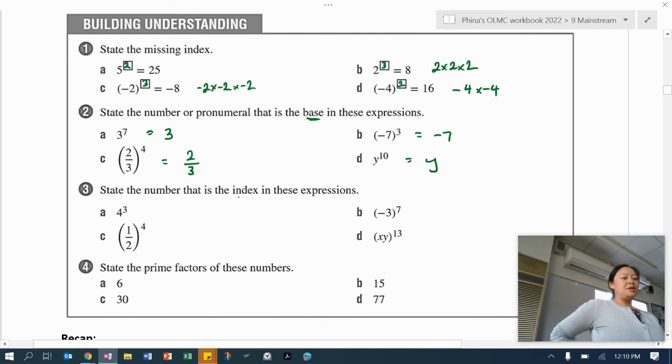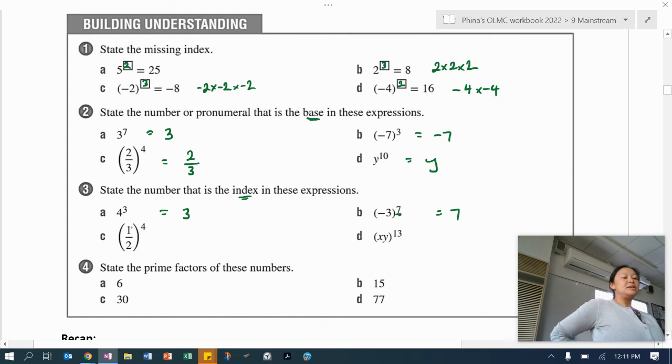All right, so then number 3, state the number that's the index. So the index, the high little number in the expression. So the first one, 4 to the power of 3, the index is 3. Negative 3 to the power of 7, so the index is just 7. Okay, so it's just that little number at the top.